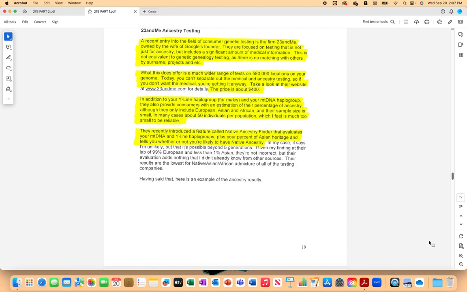They recently introduced a feature called Native Ancestry Finder that evaluates your mitochondrial DNA and Y-line haplogroups, plus your percent of Asian heritage, and tells you whether or not you're likely to have native ancestry.